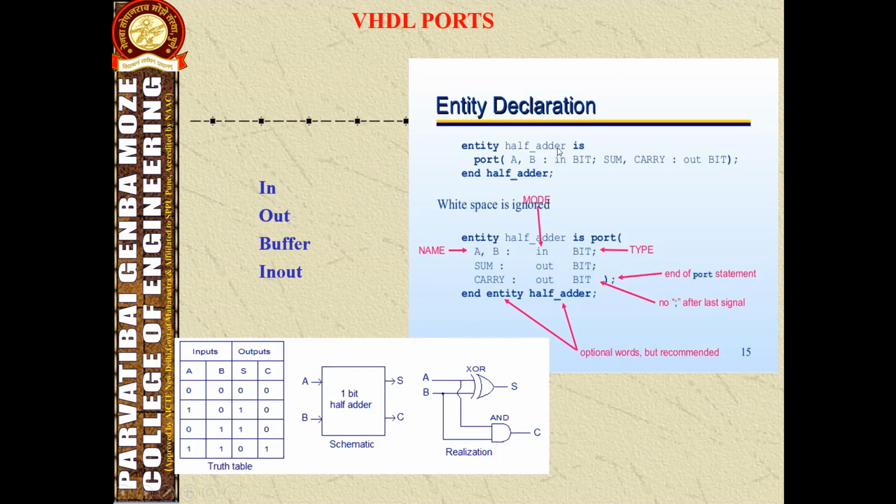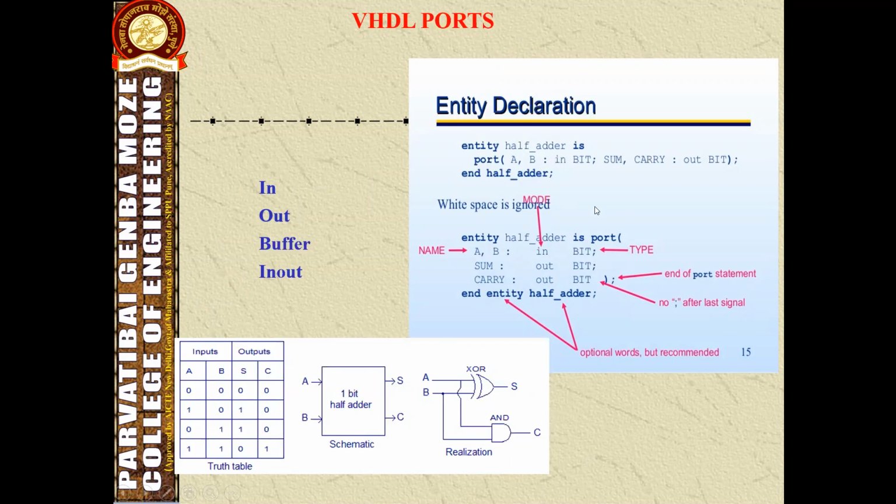Here, this is the entity half adder, which is having ports A, B as in, and these are of type bit, which is nothing but the type of the input getting in at the A, B terminals. Here we have mentioned it's a bit; and sum, carry is the output.